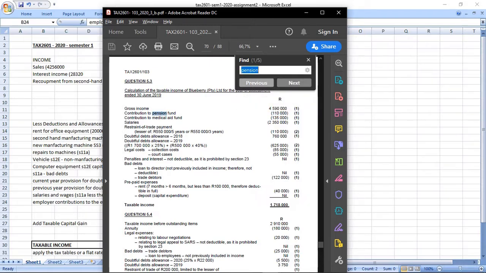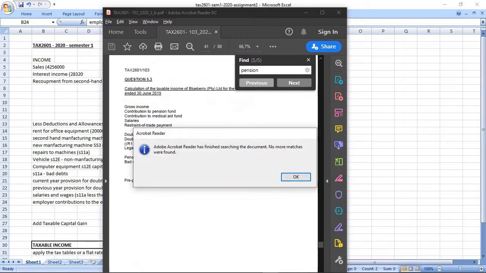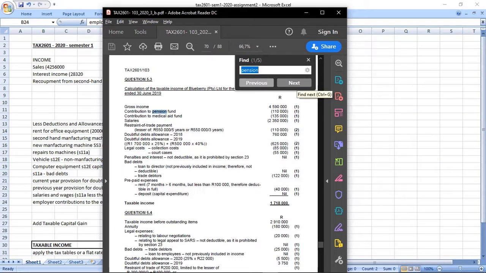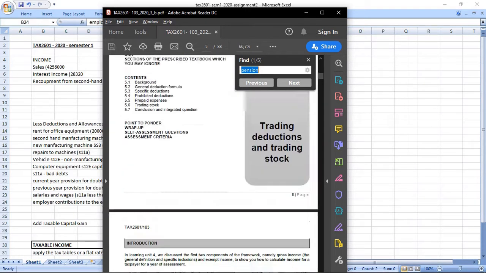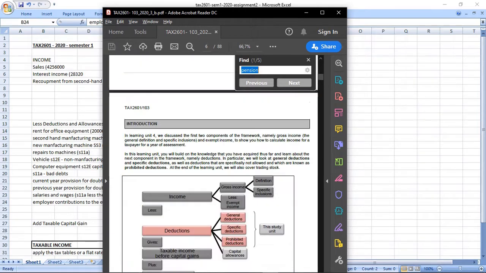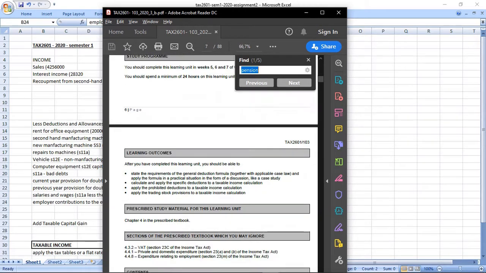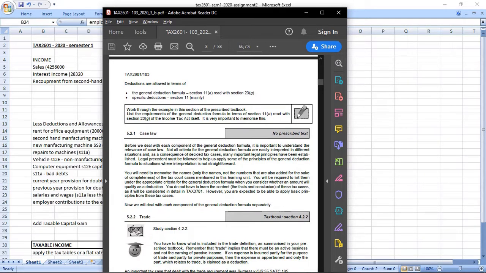Let's see if we can find some theory just to revise this concept. Chapter 5 would have been the right chapter. Let me go back to chapter 5 and show you what I am referring to. Here, general deduction formula.